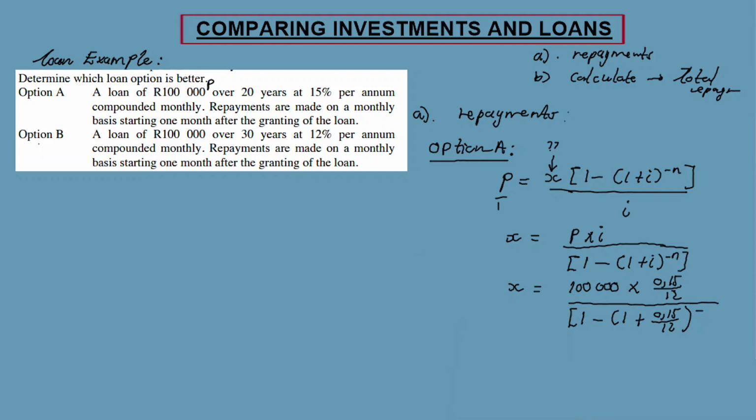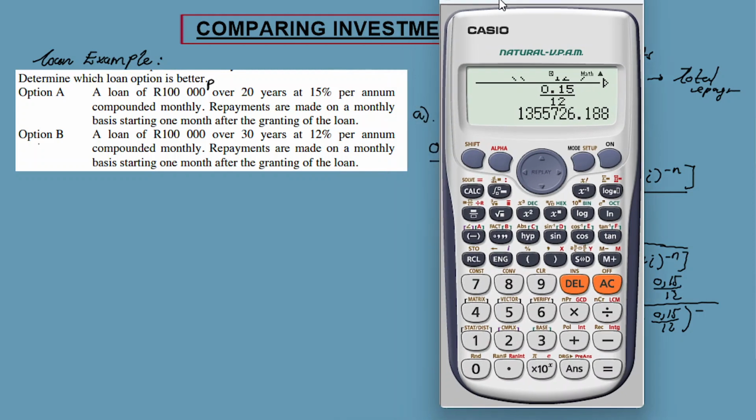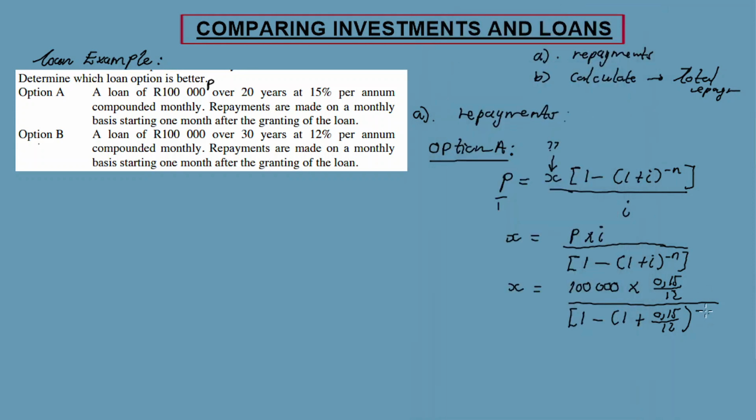Since the repayments start 1 month after, there's no need to add 1. So it's 20 years times 12 months, which is 240. If it started immediately we would add 1, but since it starts a month after the granting of the loan, n is the same as 240.